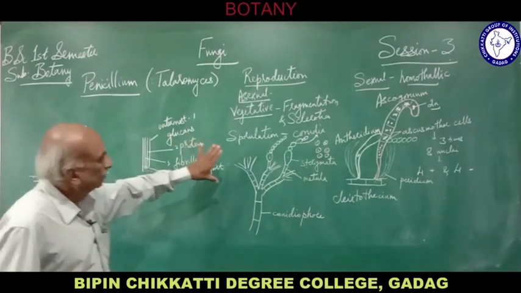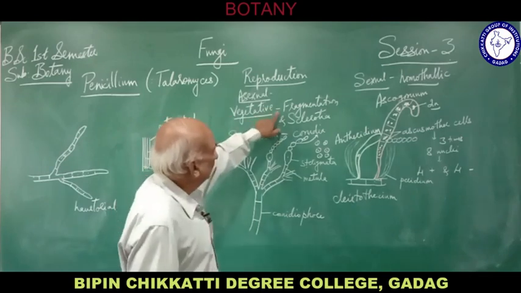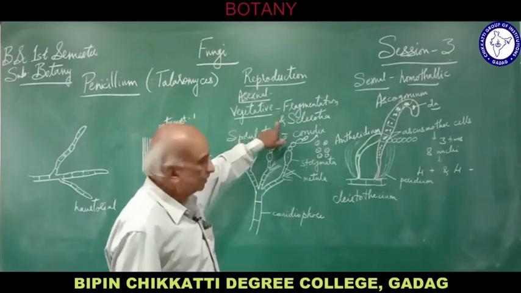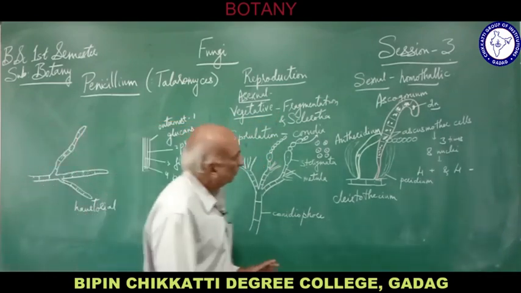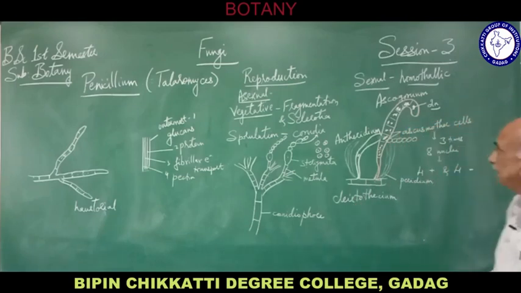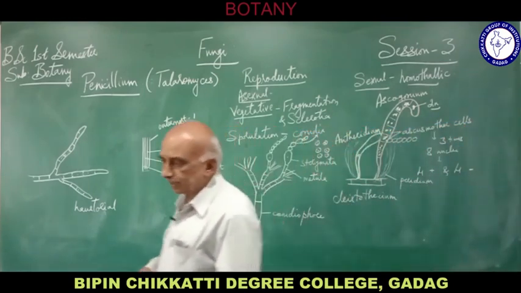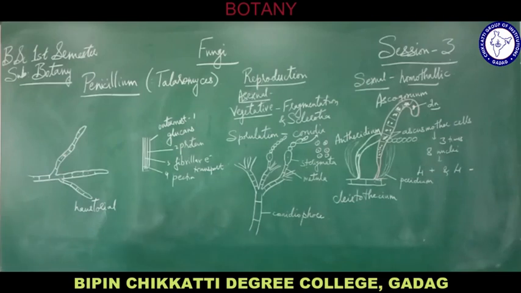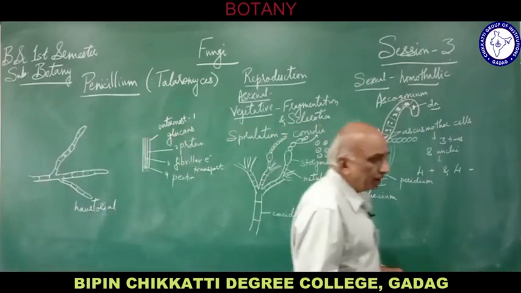Asexual reproduction is by vegetative means and sporulation: vegetative by fragmentation and sclerotia formation, and sporulation by the formation of conidia. Whereas in sexual reproduction it is homothallic, and thus it produces antheridia and ascogonia to produce the ascus mother cells, asci and ascospores. So that is the reproduction in Penicillium.